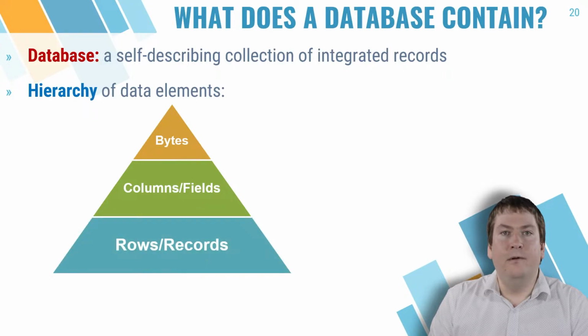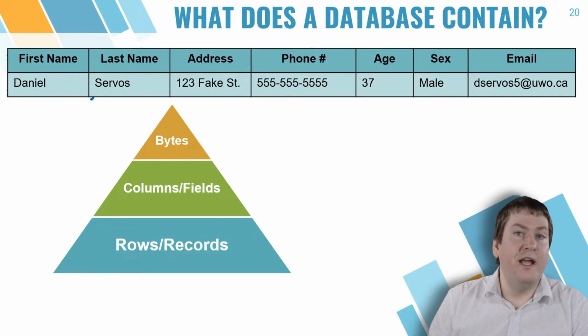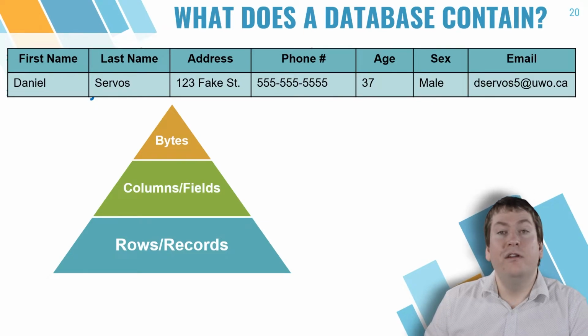Going up another level, we have records or rows, and these contain a set of fields all relating to the same item. For example, for a person, we might have a record that contains fields like first name, last name, address, phone number, age, sex, email, and so on. So records are made up of multiple fields, which are in turn made up of multiple bytes. The example shown right now contains 7 fields.